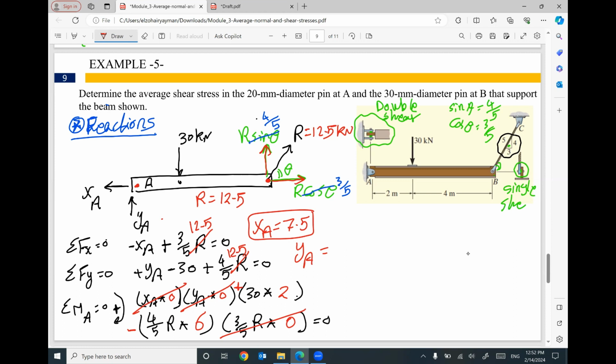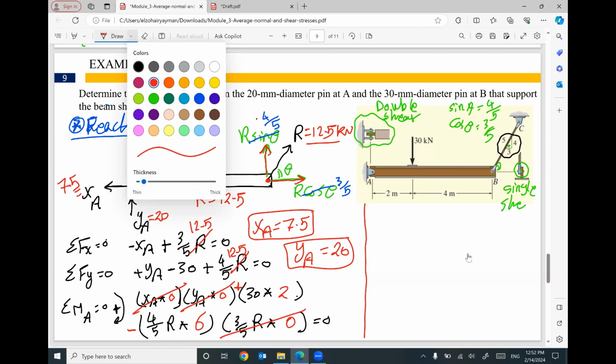YA will be 12.5 times 4/5 minus 30. So YA will be 20. So this reaction equals 20. This reaction is 7.5. And this R equals 12.5. This is for engineering mechanics to figure out the reactions at A and B.